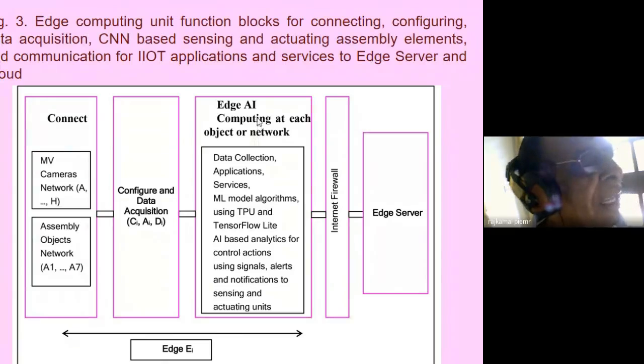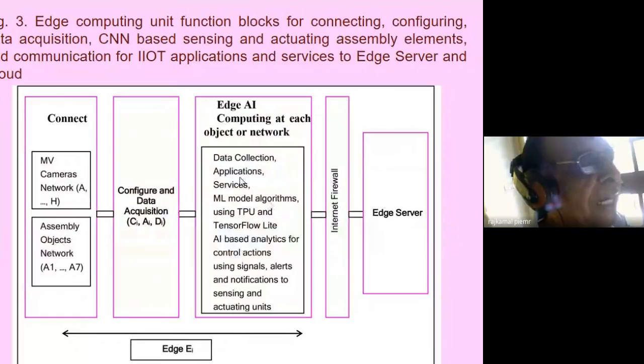Now I am having an edge AI computing, meaning edge along with artificial intelligence computing, AI inferencing, finding some inferences from AI at the edge or object network.